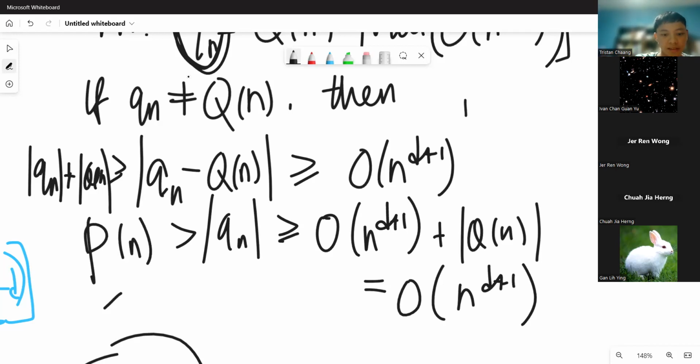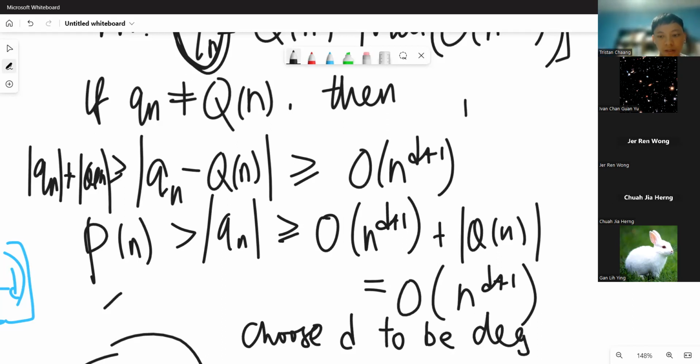So we just choose d to be the degree of p. Choose d to be the degree of p. Then this thing will be broken for large n.